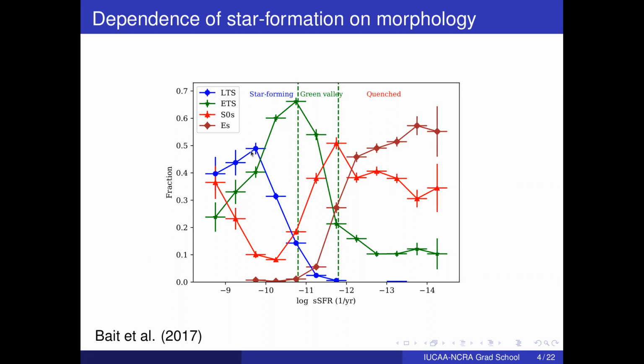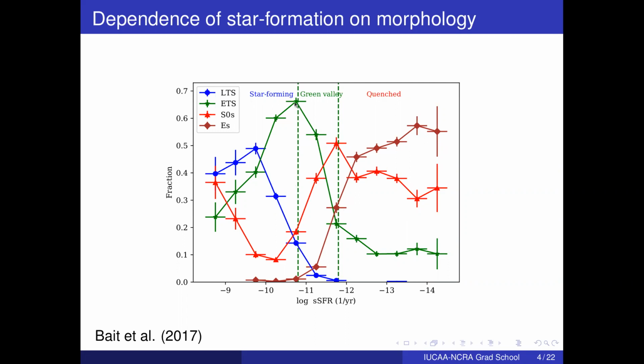They are quite dominant in the star forming region, and within the star forming region itself, they begin to fall and go to nearly zero here. Whereas if you take ellipticals, which are these, they are nearly zero in the star forming region. In the green valley, they go up and stay high in the quenched region. And S0s are somewhere in between.